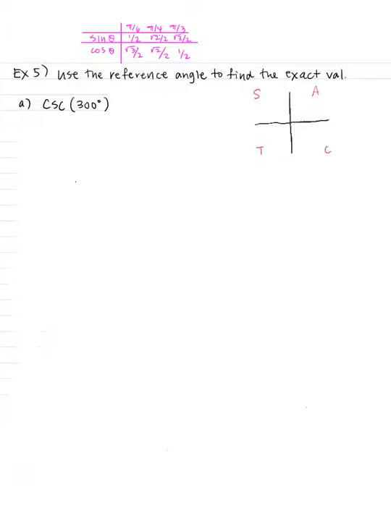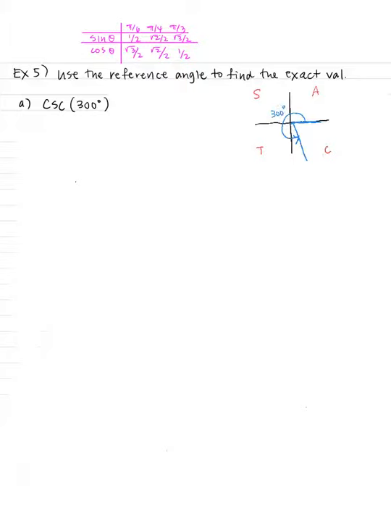Okay, so 300 degrees is going to lie in quadrant 4, it looks like. So initial side, terminal side. This is going to be 300 degrees.